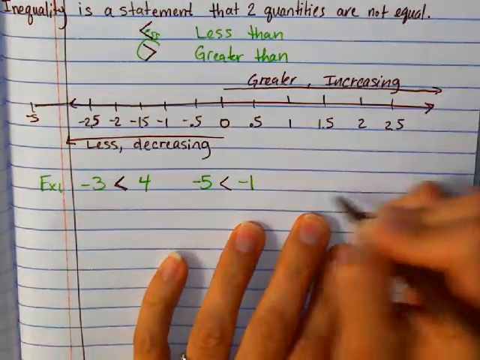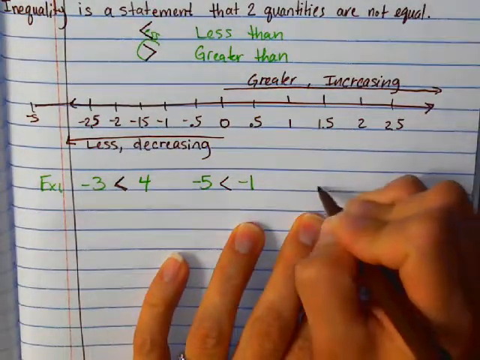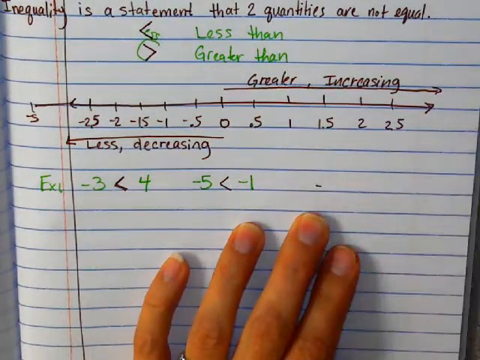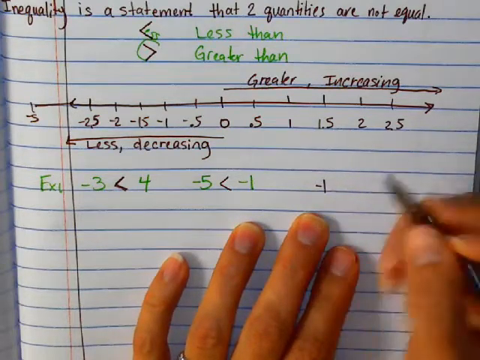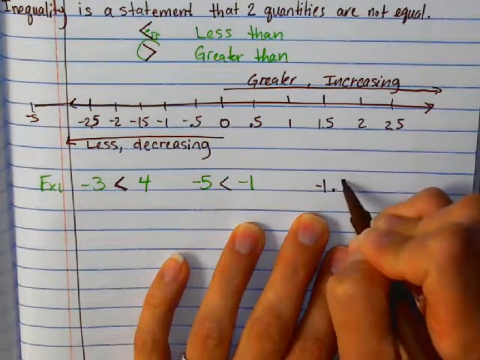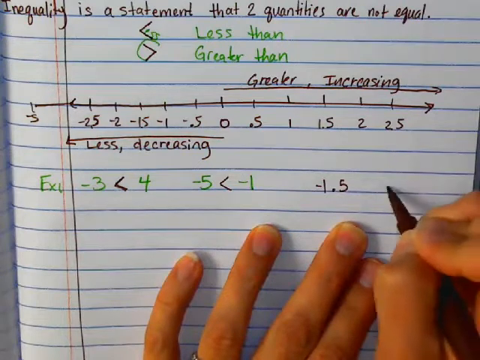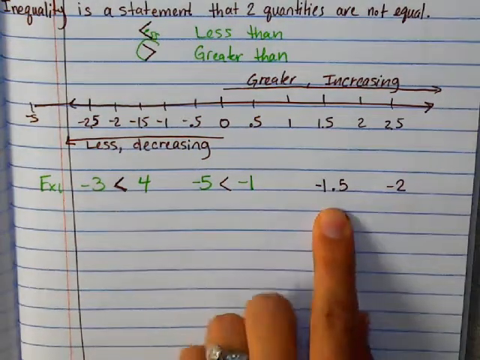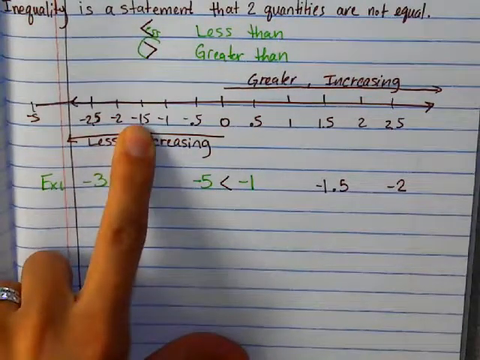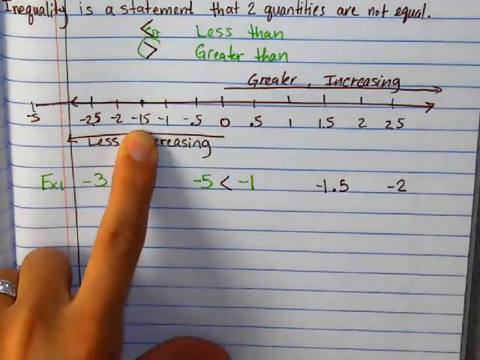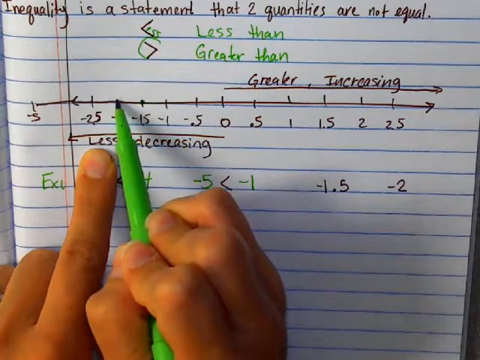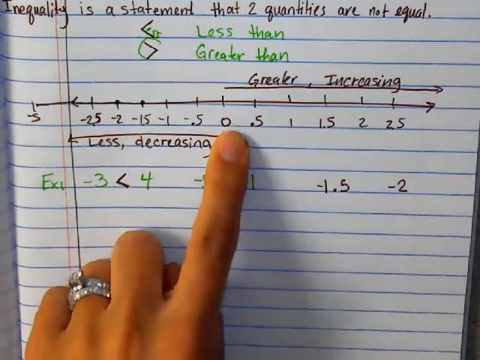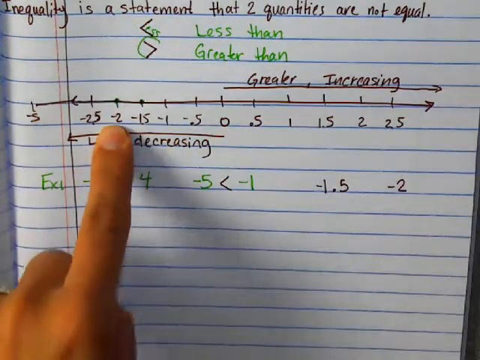So what if I had -1.5 compared to -2? Let's use our number line. Here's -1.5, and I'm just going to put it out there. And then here's -2. Who's further away from 0? -2 is, right?